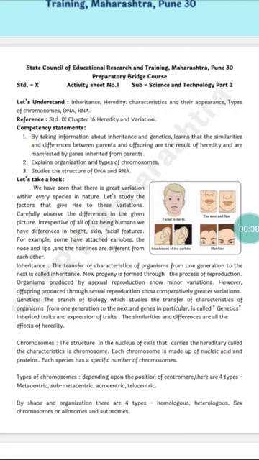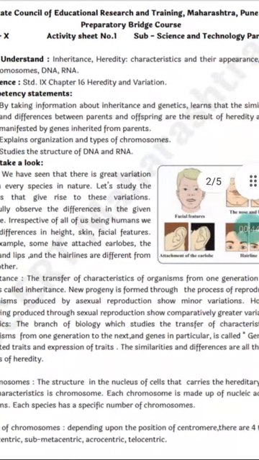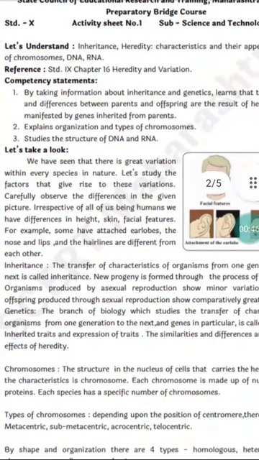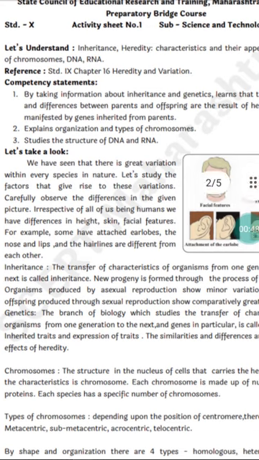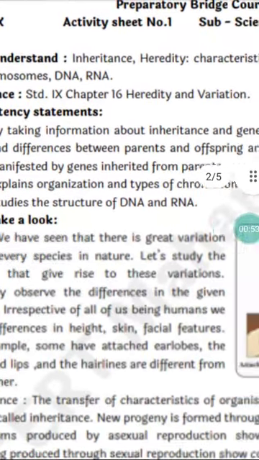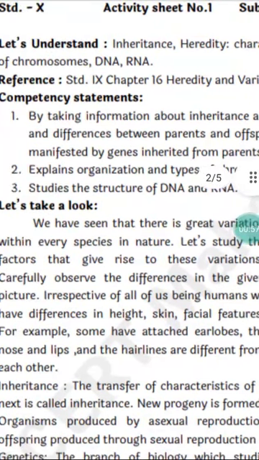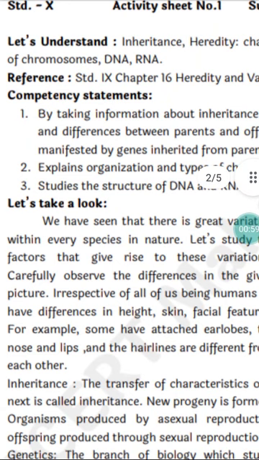So firstly we are going through the first activity sheet, that is activity sheet number 1, which includes the reference from standard 9 chapter number 16, heredity and variation. So what is heredity?